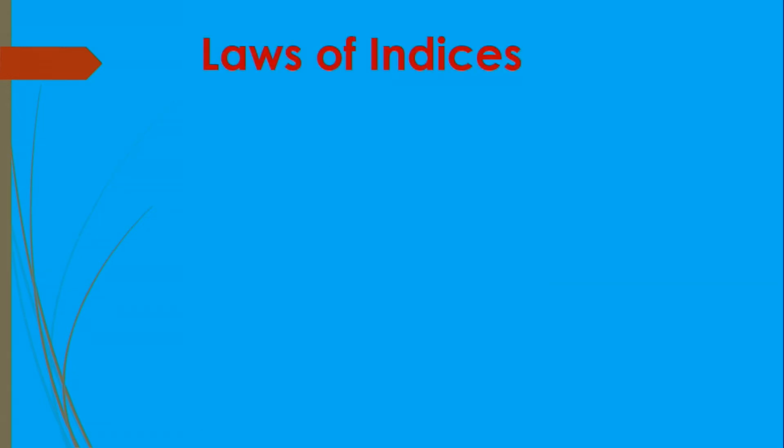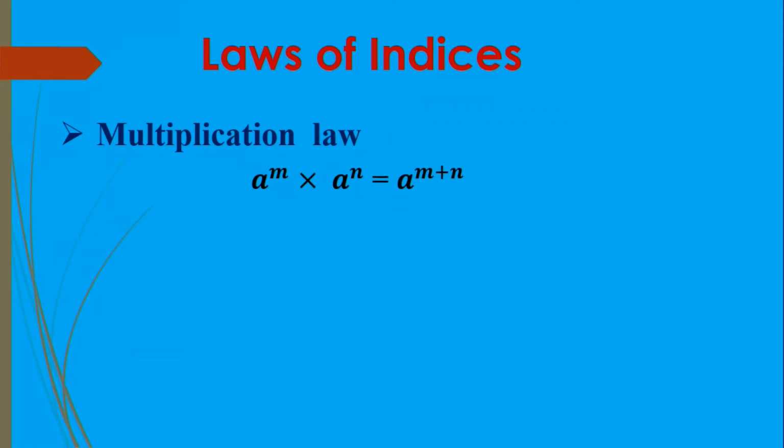Students, remember that in grade 7, you learned about some laws. Firstly, you learned about the multiplication law, which states that if you have a power m times a power n, the answer is a power m plus n, where the base remains unchanged.